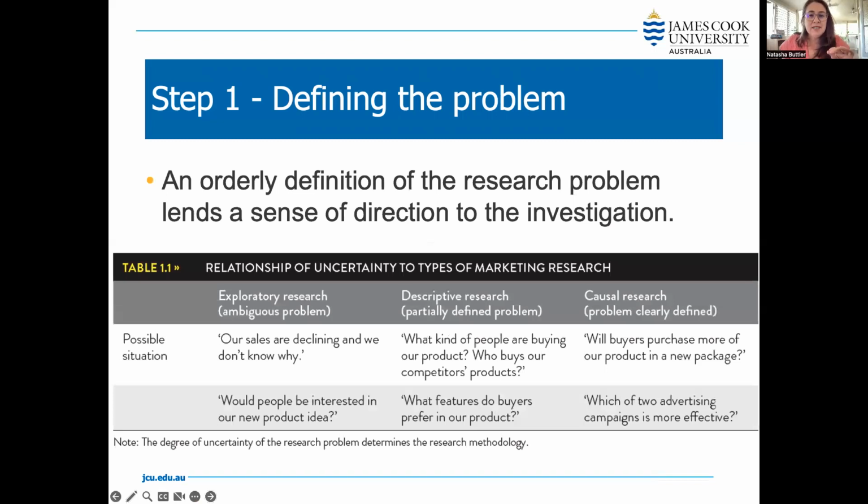Every marketing problem can be classified on a continuum ranging from complete certainty to absolute ambiguity. Uncertainty influences the type of research that's selected. So the major aspects of defining a problem in market research are certainty, which means all the information the decision maker needs is available.